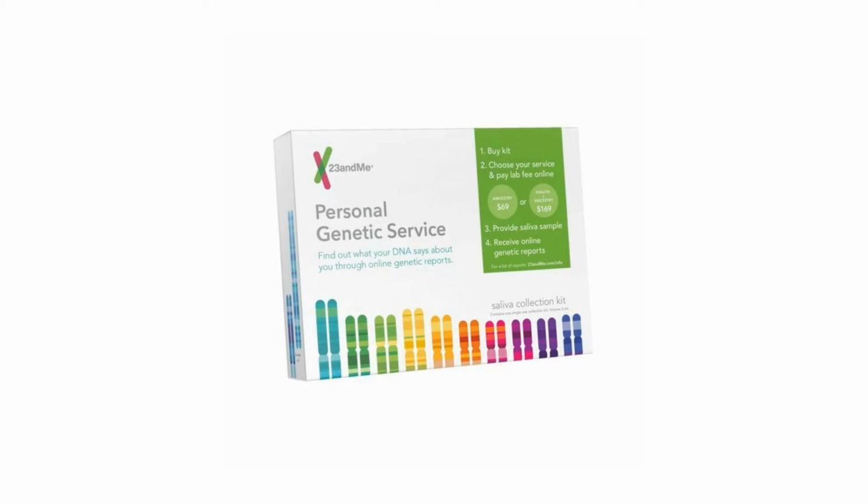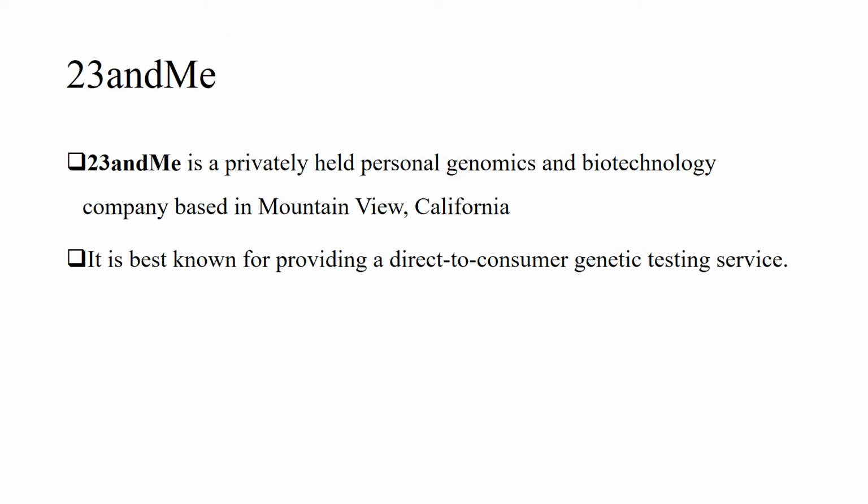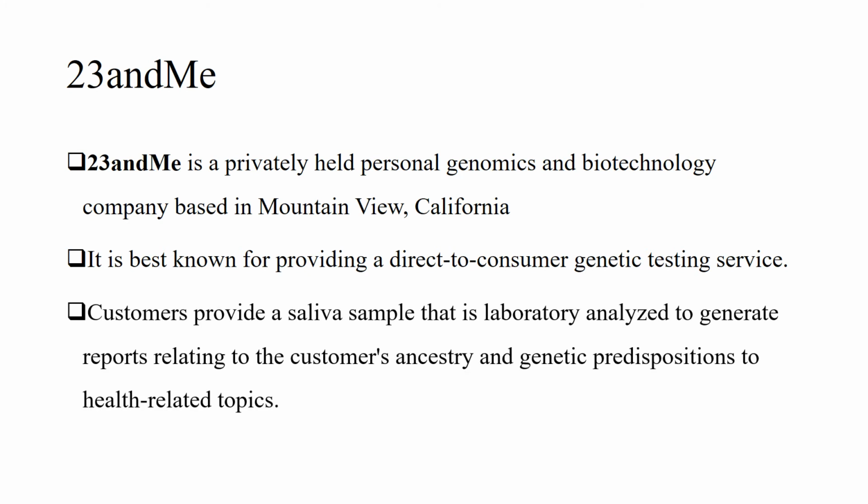And what do you need to do next? You only need to provide your saliva sample and then send it back to the company. After the lab gets the results, they will upload the results to your online account. You can log into your account to see the whole report.